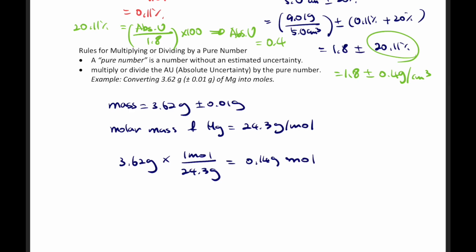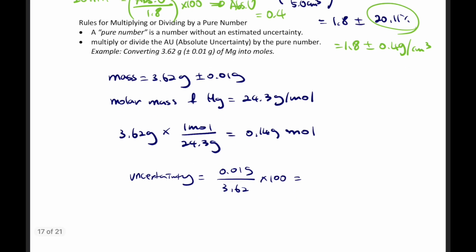Now to calculate the uncertainty, we're just calculating the percentage uncertainty. So we do 0.01 gram, the absolute uncertainty, divided by the measurement 3.62, times 100. In this case, the percentage is 0.28%.